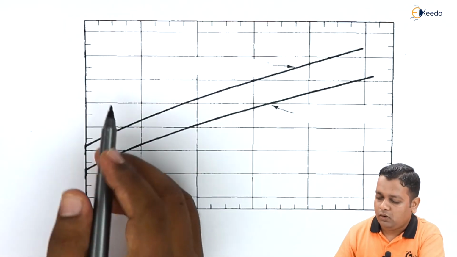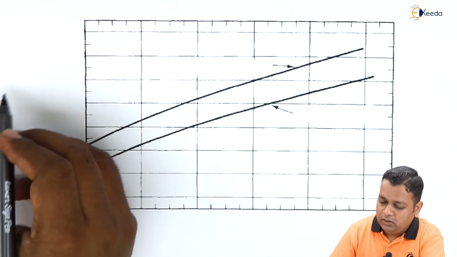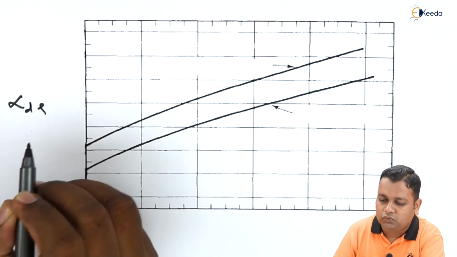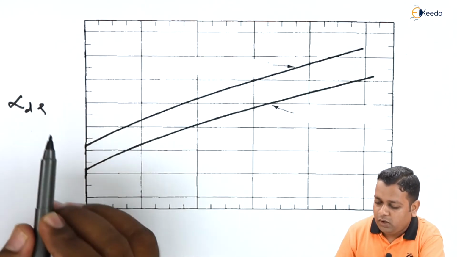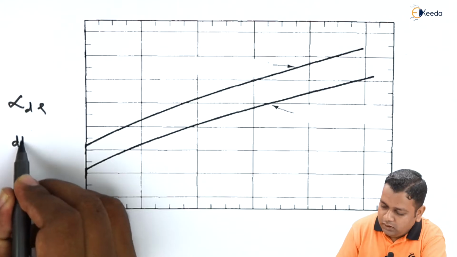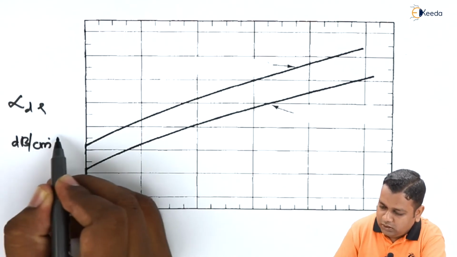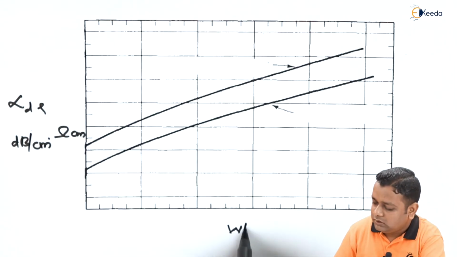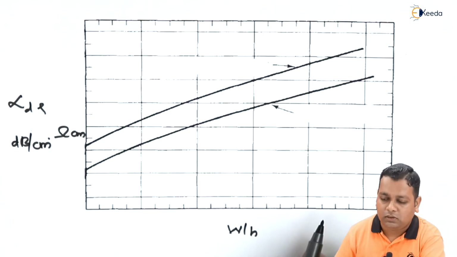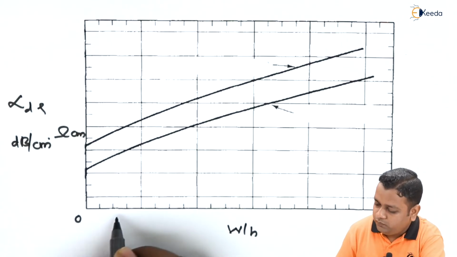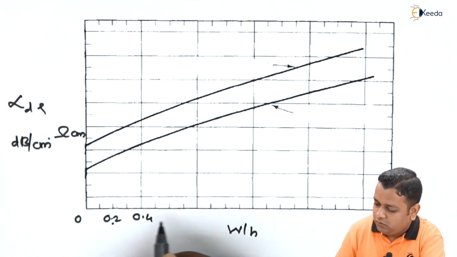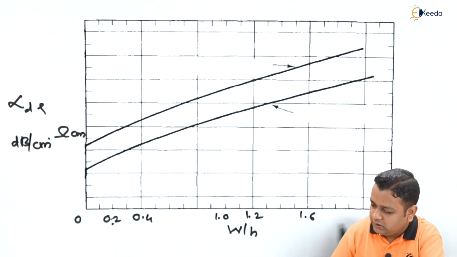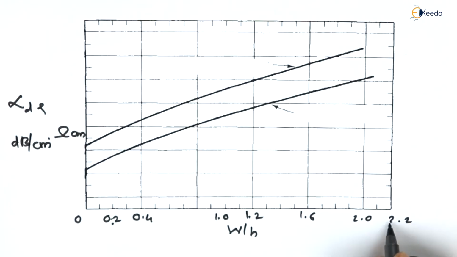In this plot we have on the vertical axis the dielectric attenuation factor represented by alpha suffix d into the resistivity represented by rho, in terms of decibels per centimeter multiplied by ohm centimeter, whereas we have W by H markings on the horizontal axis: 0, 0.2, 0.4, and so on, at the middle 1.0, 1.2, 1.6, 2.0, and 2.2.